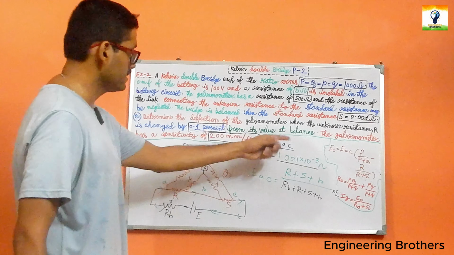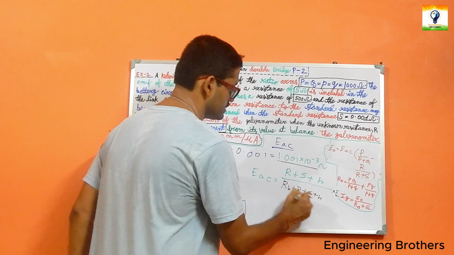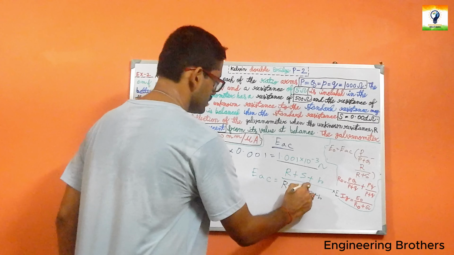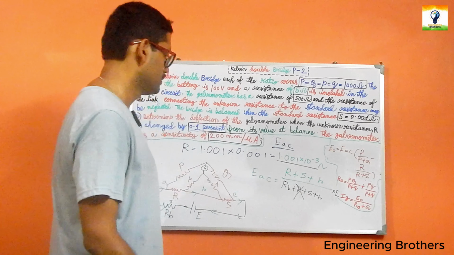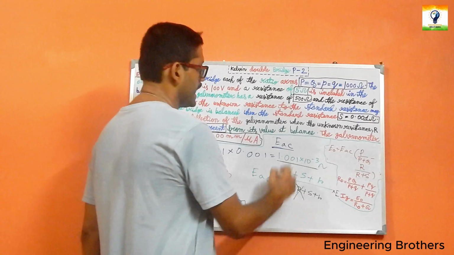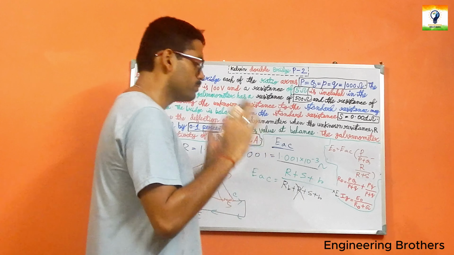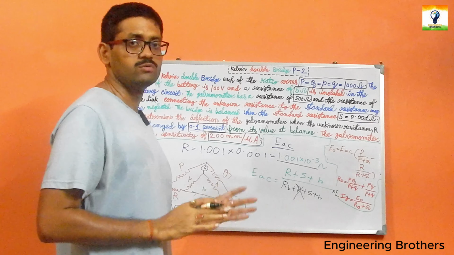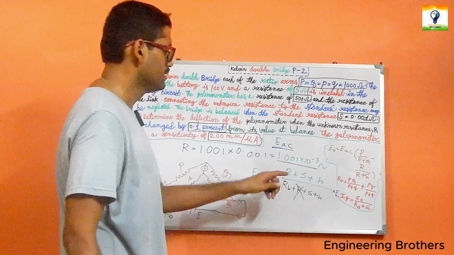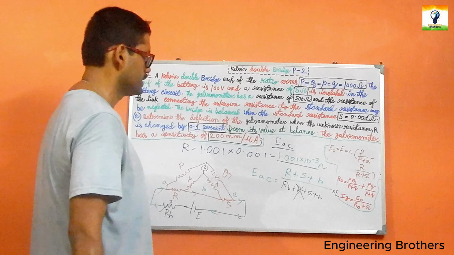And once again, this expression is present in the denominator. So this one is negligible. Why? Because this value is very small. So it has got no power or no significance in this overall expression. So I can directly eliminate it over here.